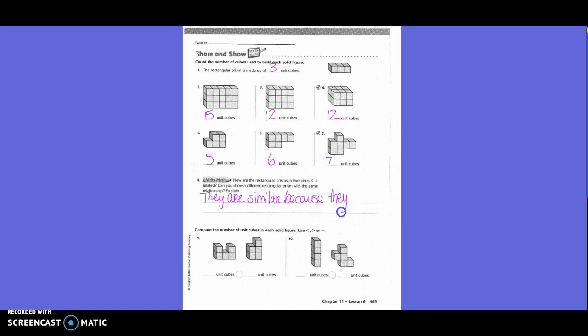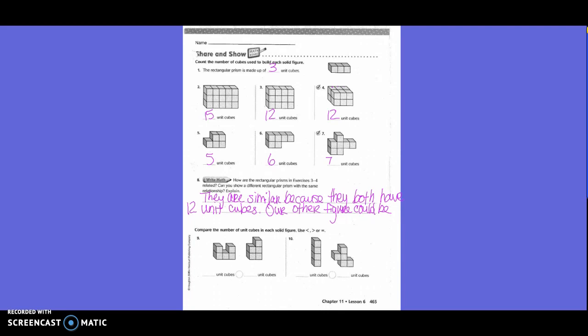They are similar because they both have 12 unit cubes. So could we make another figure, guys? What could our other figure be?